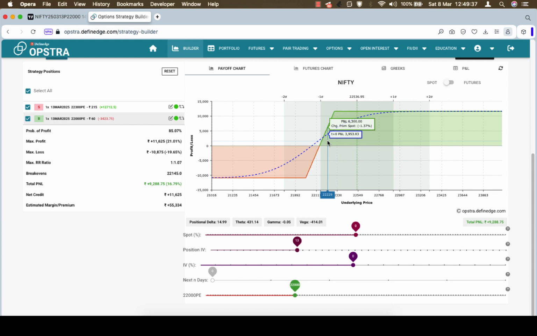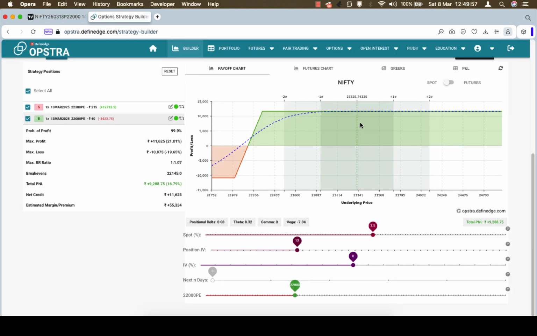But when you make the profit, this is the profit: 16%, which you can see at T plus 0 day, because we plotted the payoff right now. If the market moves further, you will earn more than that. Right now it is 16%.